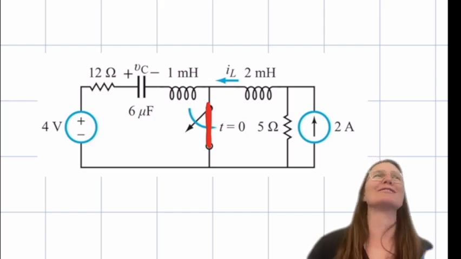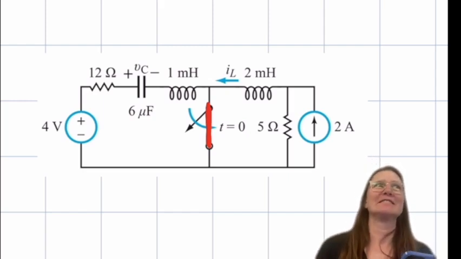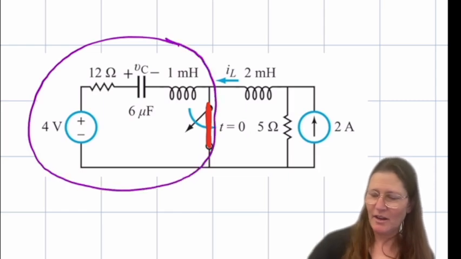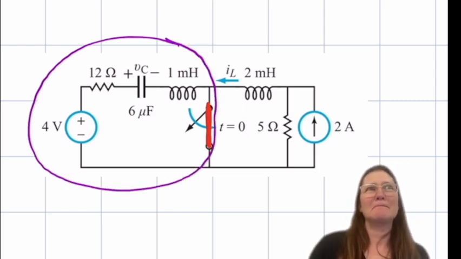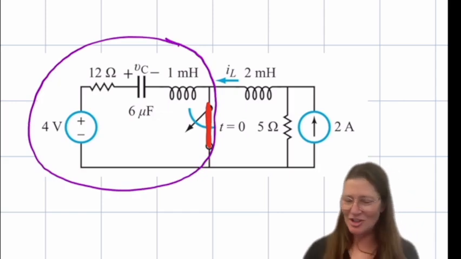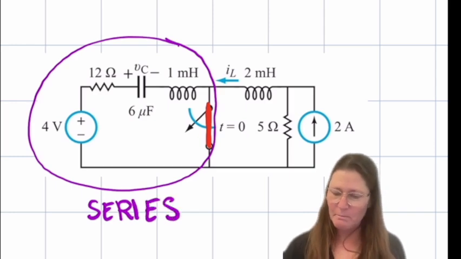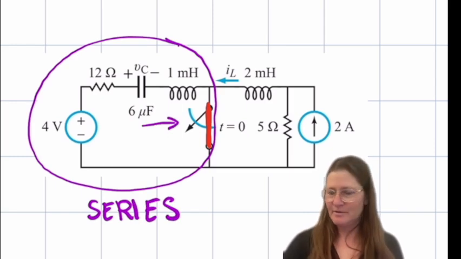There's two different circuits here. So for this one, that would be series, correct? So they have the same current going through them. So same current. So that would be series.